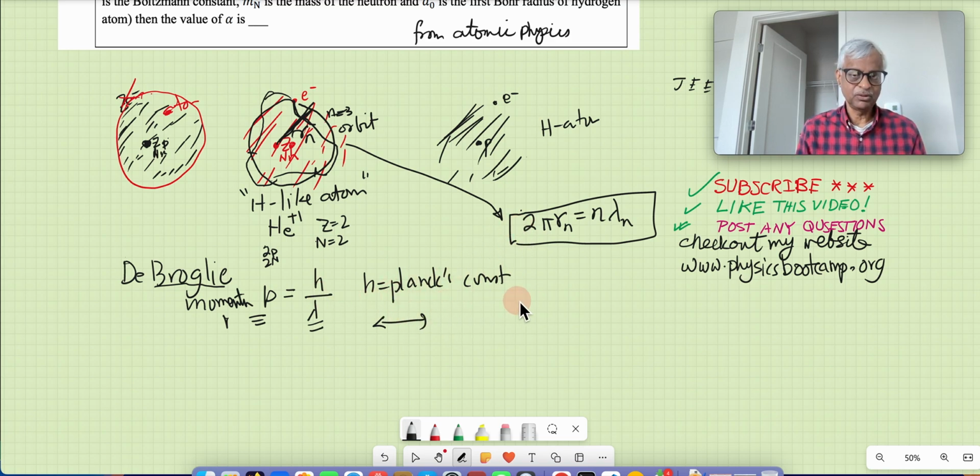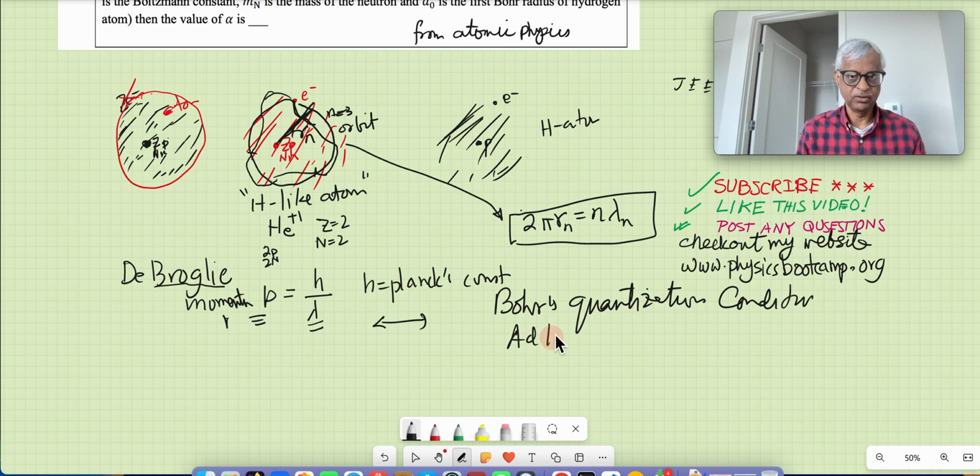All of this is associated with Bohr's quantization condition. Bohr said it's just ad hoc. He claimed this to derive relations which were experimentally reasonable.